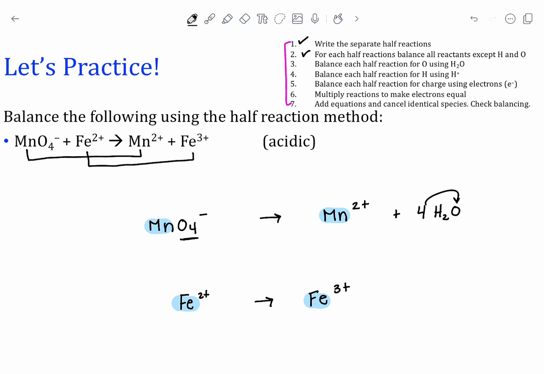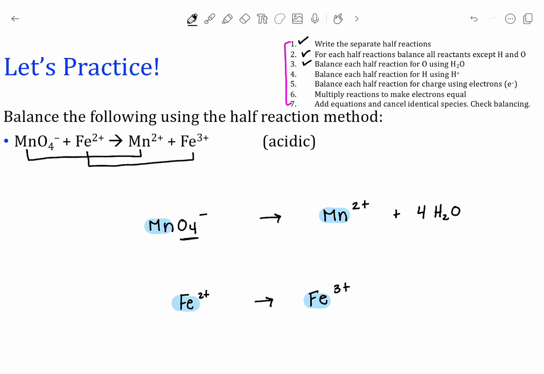Each water has 1 oxygen, so however many oxygens you need to balance on the other side of the equation is how many waters you add. Now let's look at our second reaction. There are no oxygens, so we do not need to add any waters. So we've done our third step.